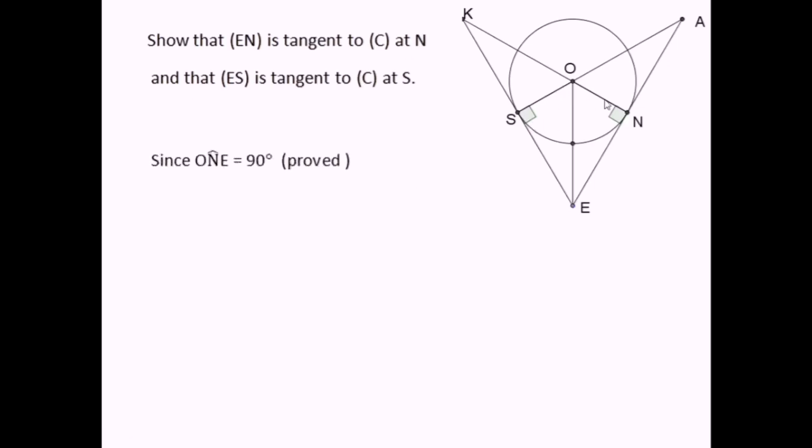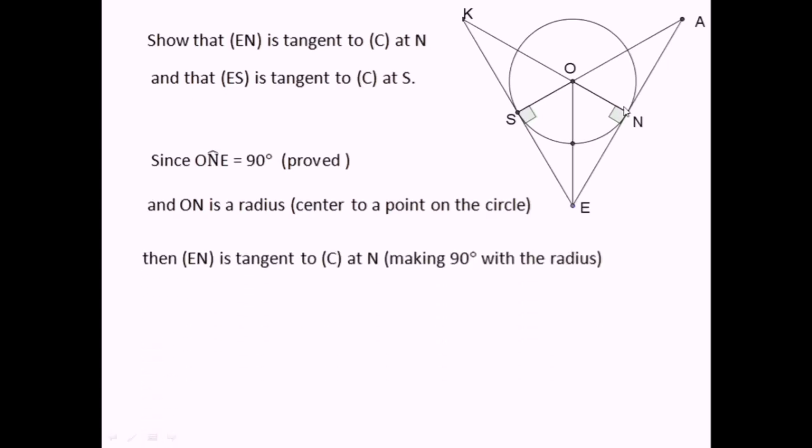So we can say since ONE equal 90 already proved and ON is a radius. Why is it a radius? Because it is a segment joining the center to a point on this circle. Then EN is a tangent to C at N. We have to be specific.